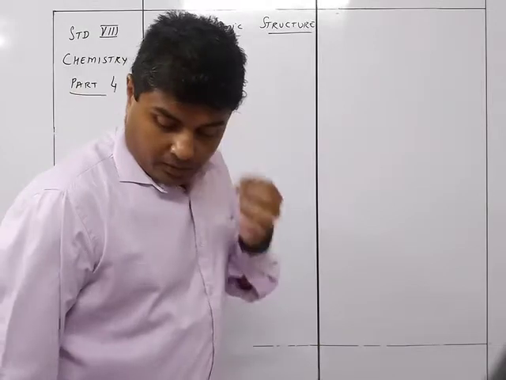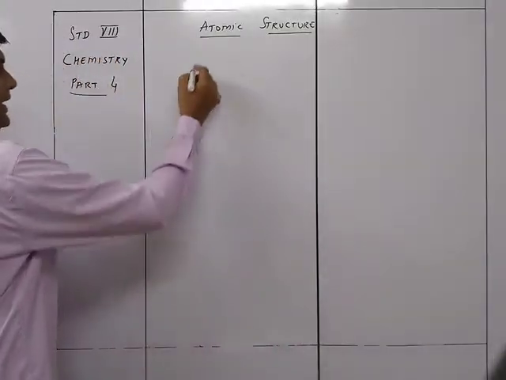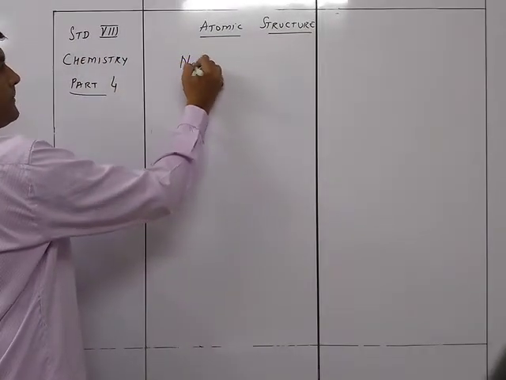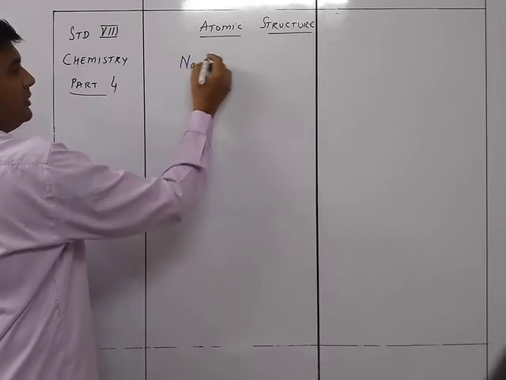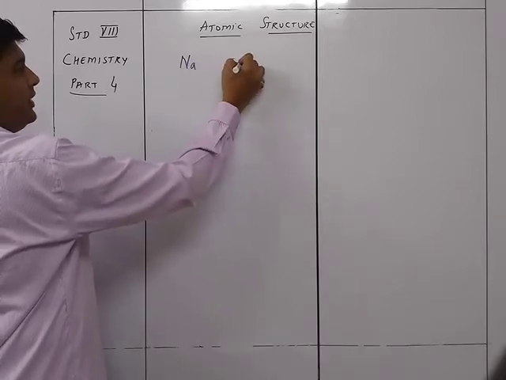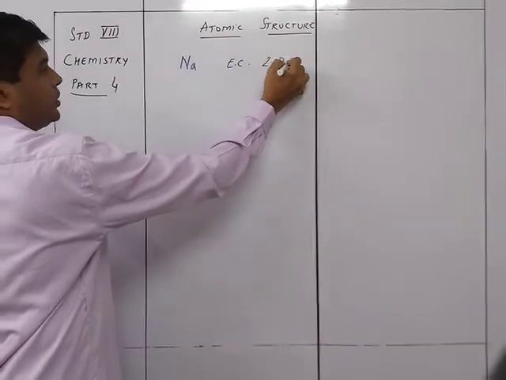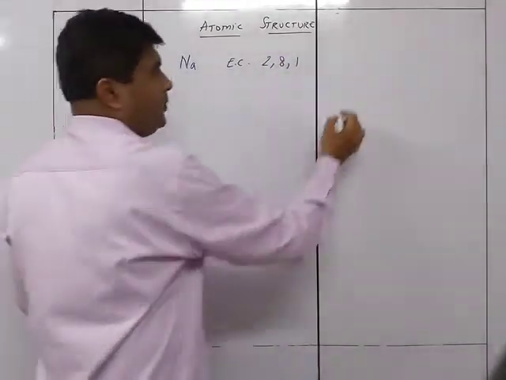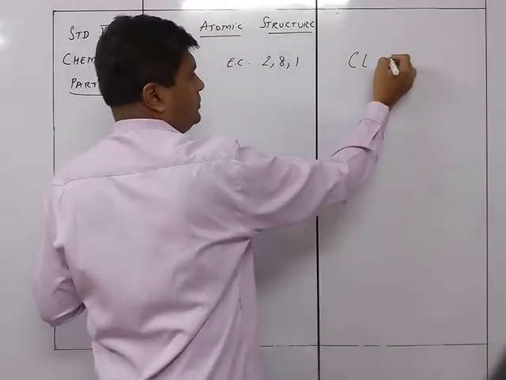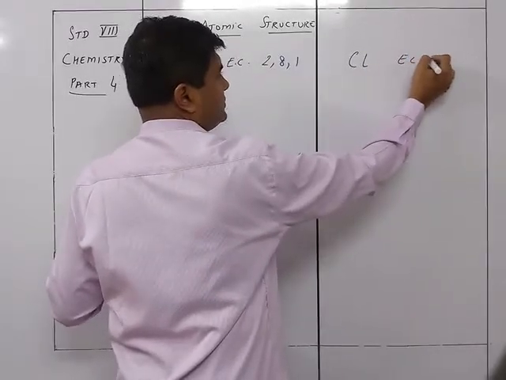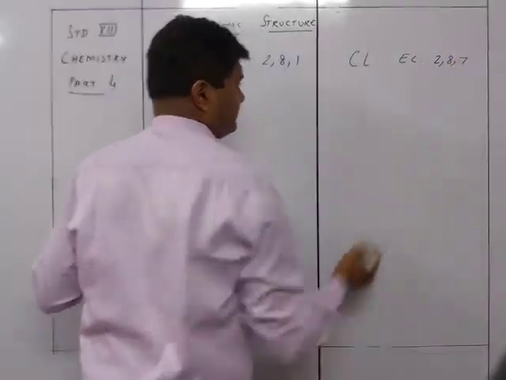Okay. We see over here Na, which is having electronic configuration as 2, 8, 1. We have another one which is chlorine, which is having the electronic configuration as 2, 8, 7.